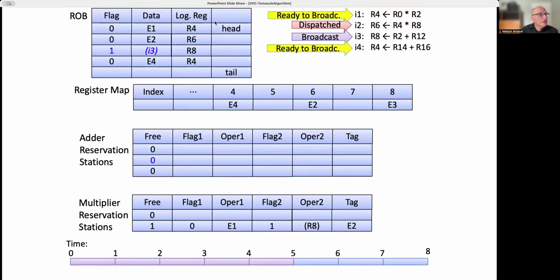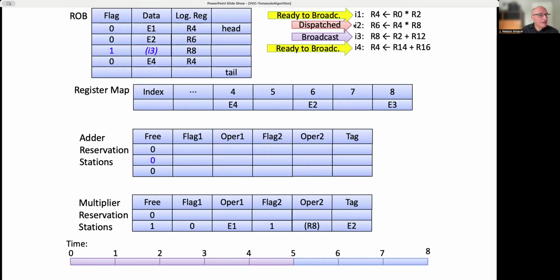So as you can see, now we are ready to broadcast I1 and we are ready to broadcast I4. Of course, I cannot broadcast the result of I4 before broadcasting the result of I1, because both of them are writing into R4.